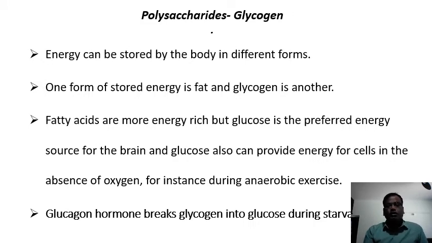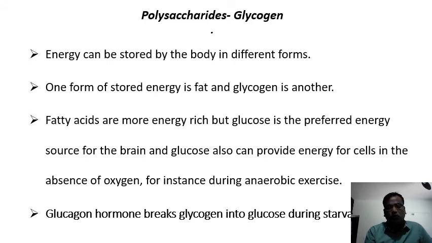Energy can be stored by the body in different forms. One form of stored energy is fat, and glycogen is another. So our body stores fat and glycogen, and here we are talking about carbohydrate, which is glycogen. But fatty acids are more energy rich, but glucose is the preferred energy source for the brain, and glucose can also provide energy for cells in the absence of oxygen.